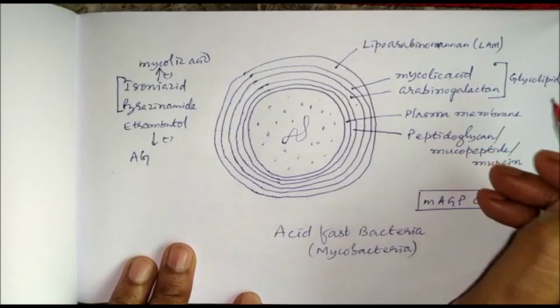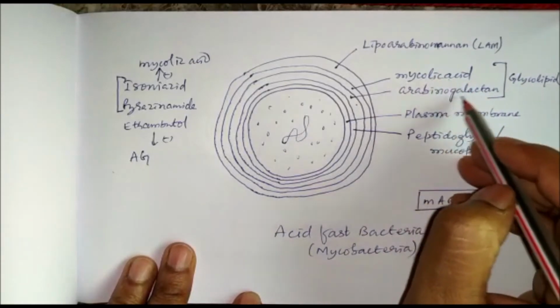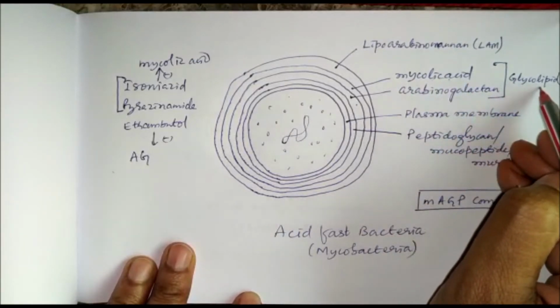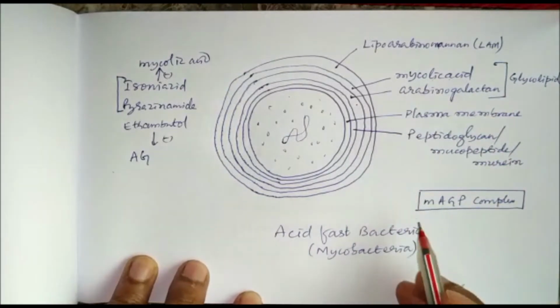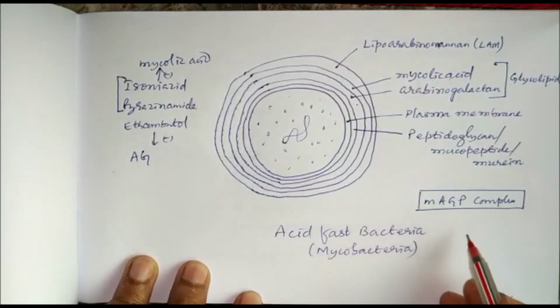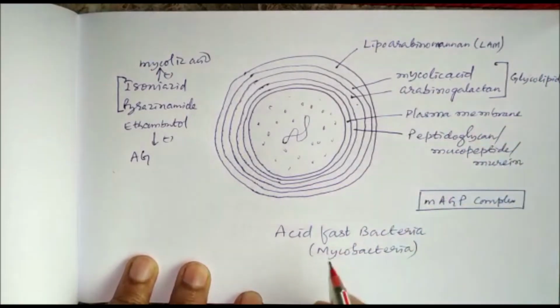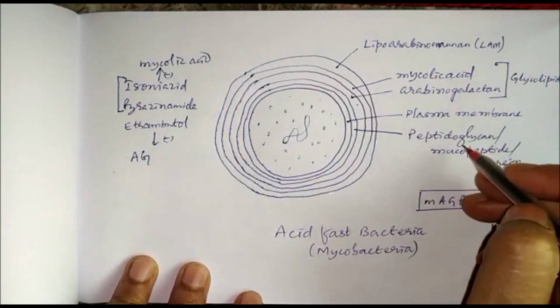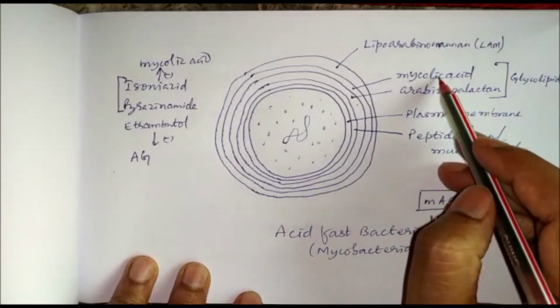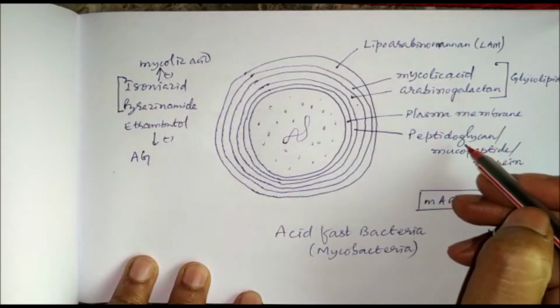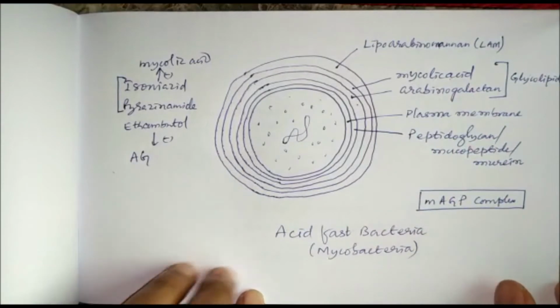Mycolic acid and arabinogalactan combined together are known as glycolipid, and this complex is the glycolipid peptidoglycan complex. Your cell wall is the glycolipid and peptidoglycan complex, or mycolic acid, arabinogalactan and peptidoglycan complex, the MAGP complex.